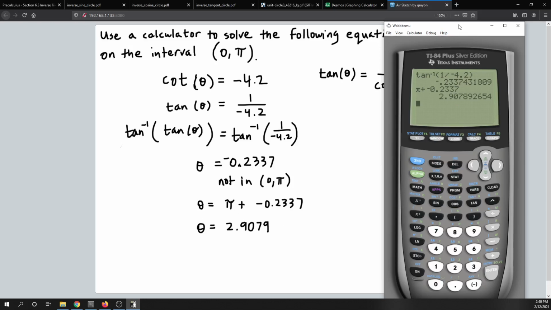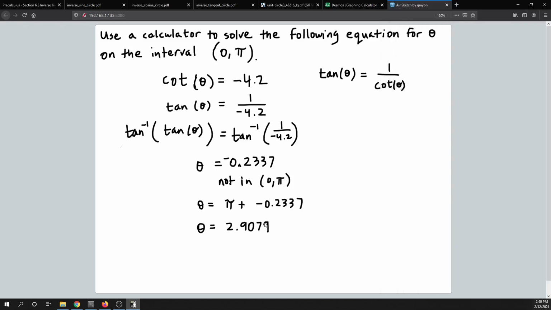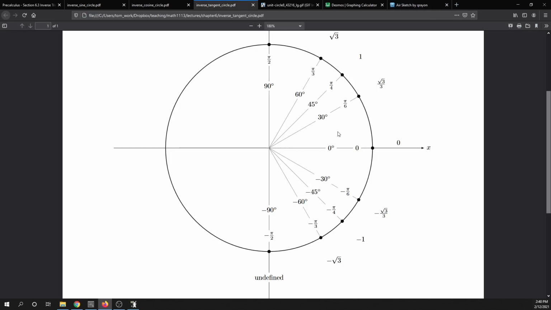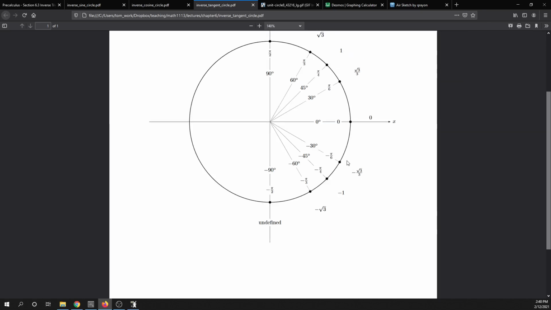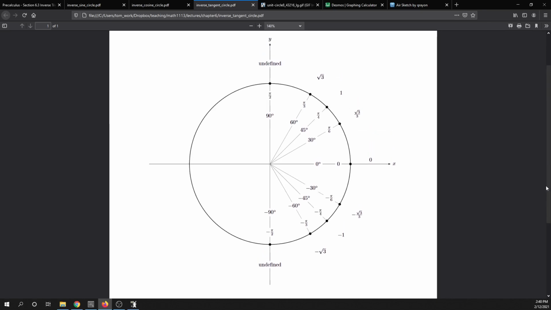So let me explain why that fixes it. Okay, so we took the inverse tangent, right? If you take a look at the inverse tangent, we took the inverse tangent of a negative number. So if I go to that unit circle that I talked about before, this is not necessarily a value on the unit circle.